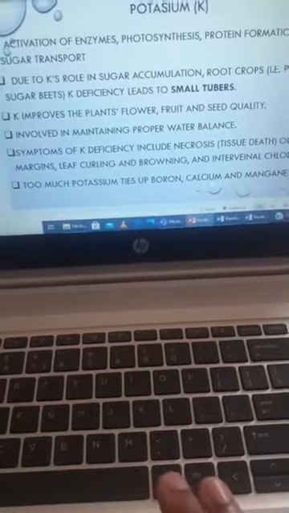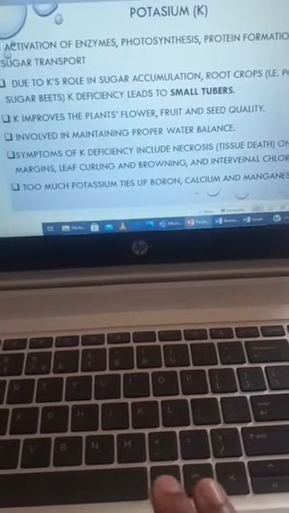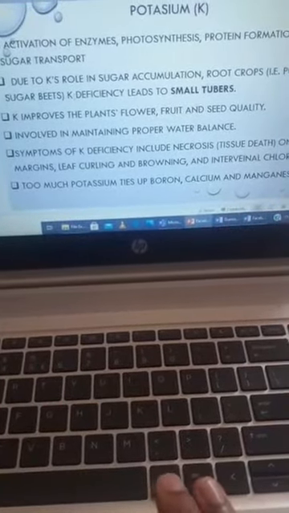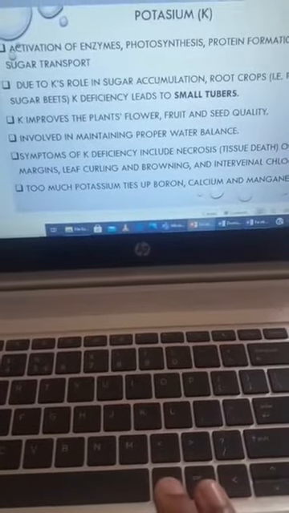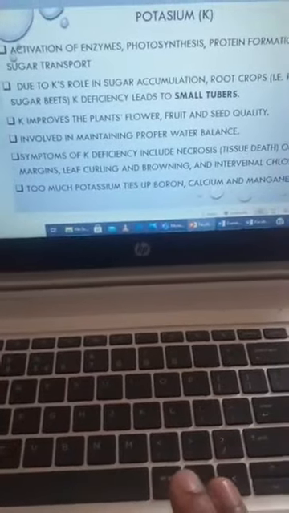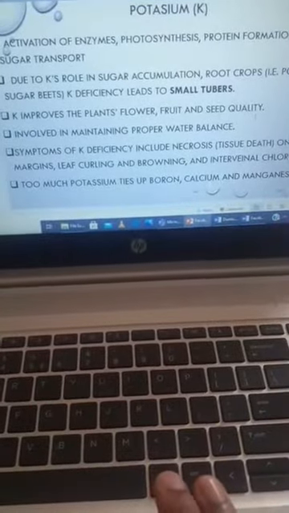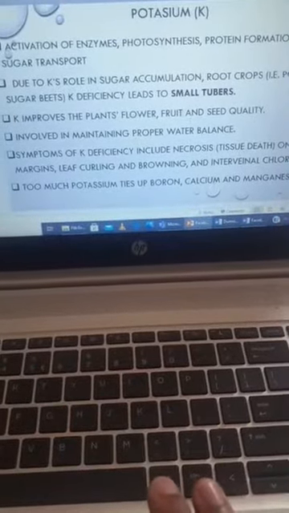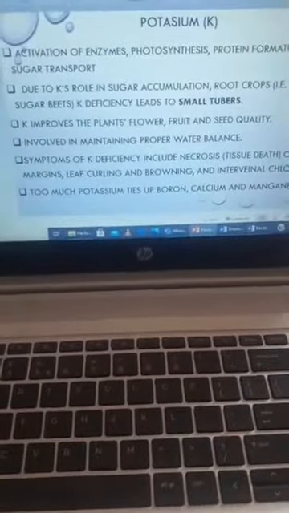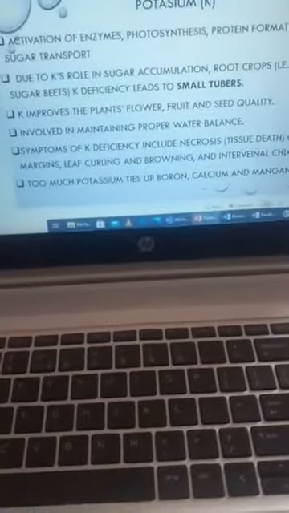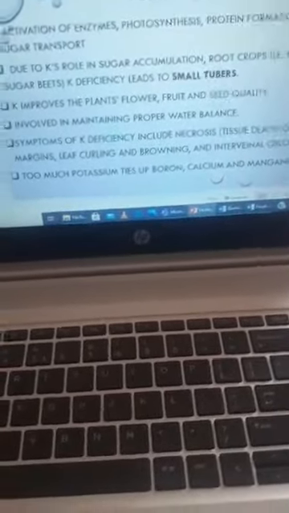The size of your potatoes and of your carrots would also be influenced by the amount of potassium that is available in your soil. So even to improve flowering, fruit set and seed quality, for your crops to have more flowers, more fruits, good seed quality like beans and so on, you need that potassium.